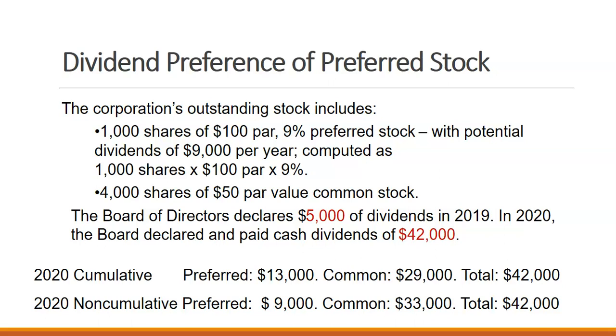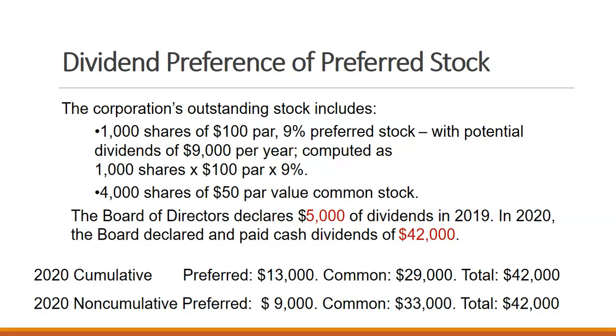And they have 4,000 shares of $50 par value common stock. If the board of directors declares a $5,000 cash dividend in 2019, so in 2019, we were only able to pay part of that $9,000 per year of preferred stock.